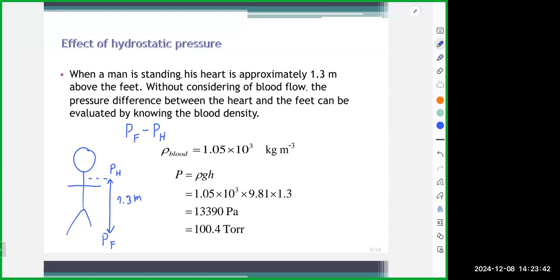So just the gauge pressure, and here rho, which means the density of blood, is around 1.05 times 10 to the 3 kilograms per cubic meter. g is around 9.8, and the height difference is 1.3.